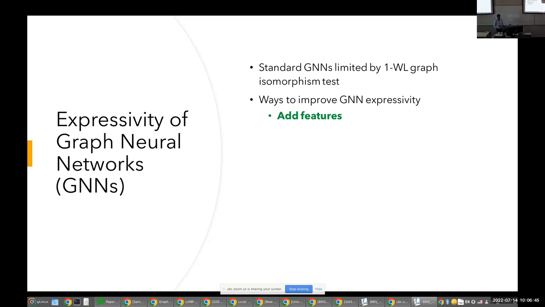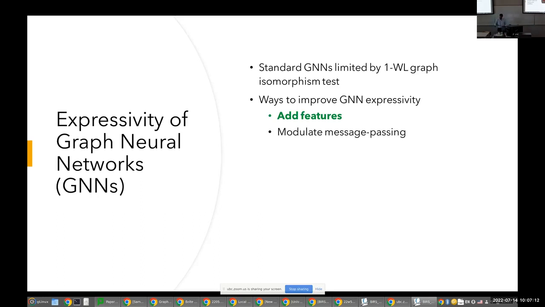This is the approach that we're going to take, and I'll talk more about it later. To give you an example, there's a paper by Bouritsas et al., which counts substructures in graphs and uses those as features at the node.